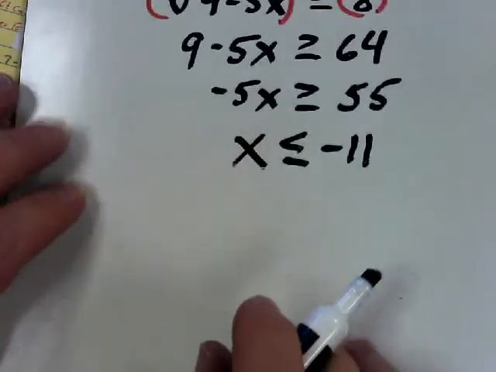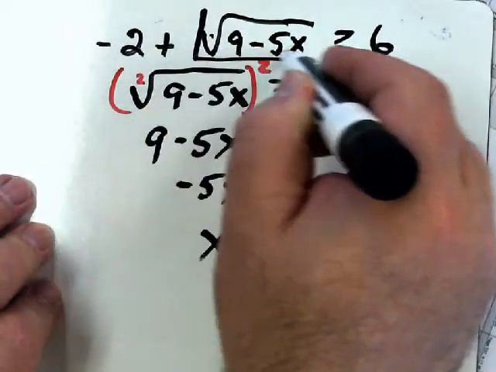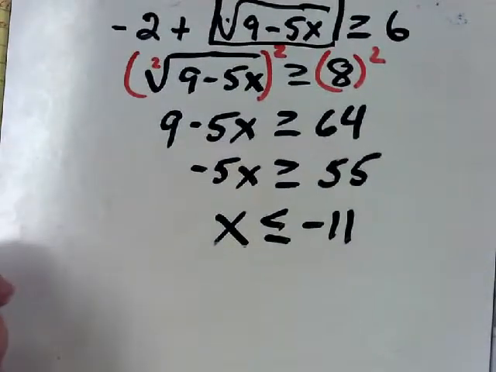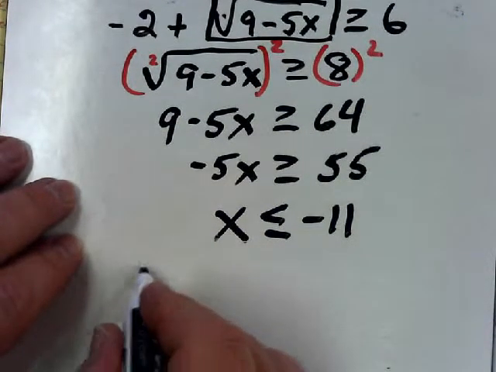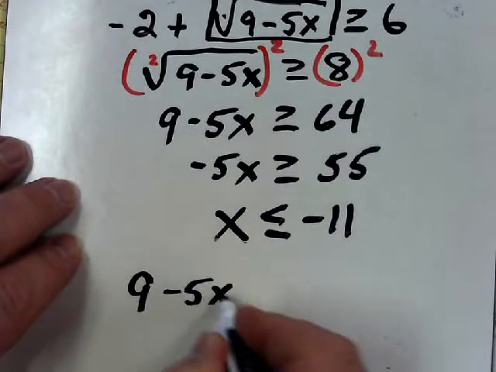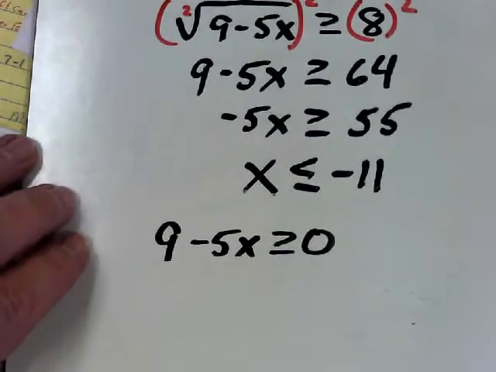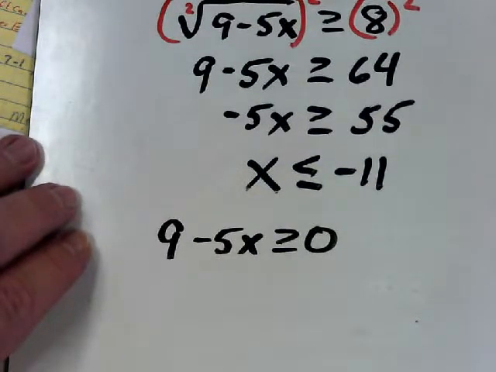Now the next thing I have to do is worry about this thing being at least greater than or equal to 0, correct? So I take that radicand and make it greater than or equal to 0. A radical will always be greater than or equal to 0? Yes, because it always has to be positive.